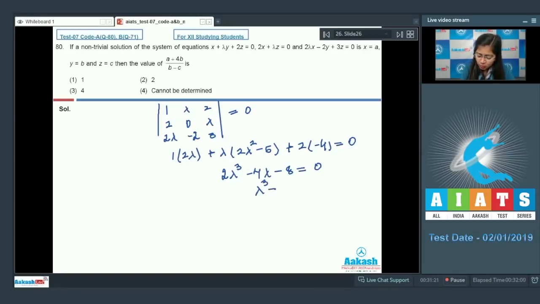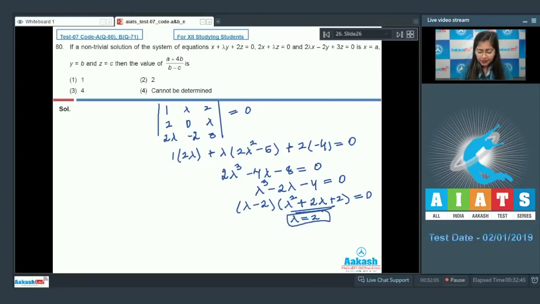That is lambda cube minus 2 lambda minus 4 is equal to 0. That is lambda minus 2, because it has one of the factors as 2. So it can be written as lambda minus 2 into lambda square plus 2 lambda plus 2 is equal to 0. Now it has non-real roots, so the only value of lambda will be equal to 2 here, right?